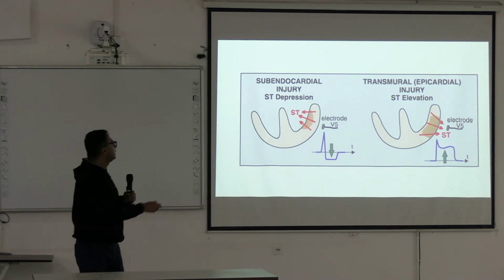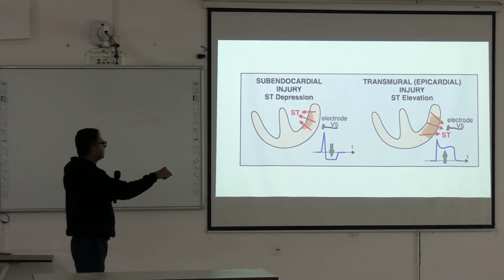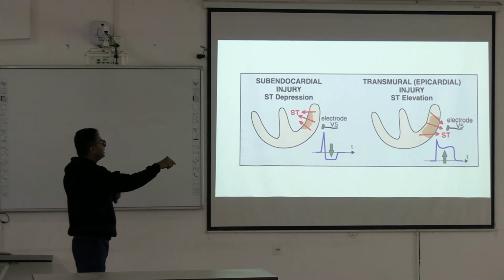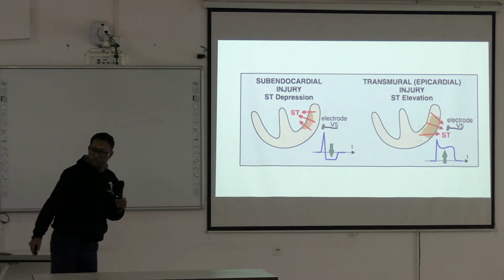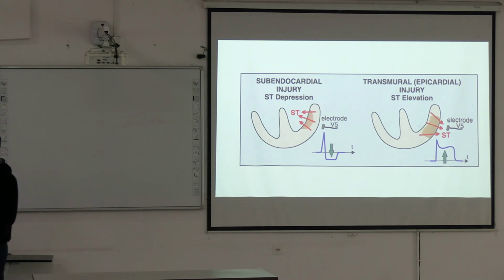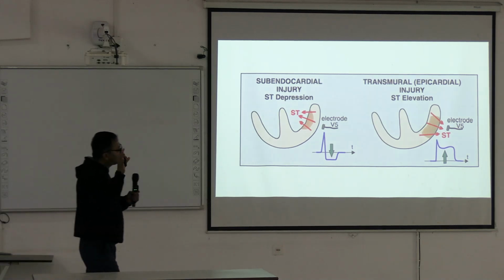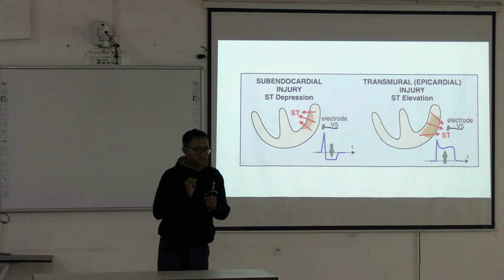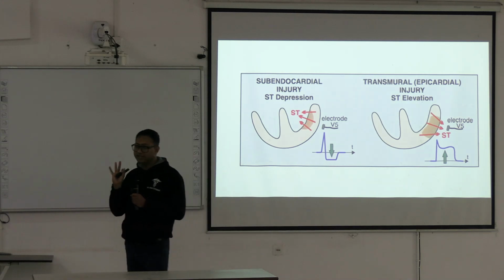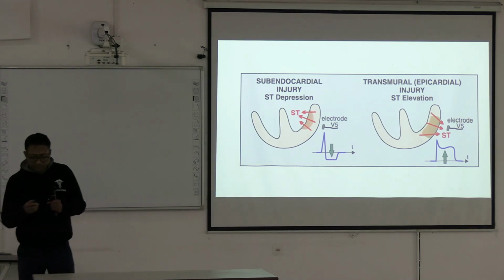Reddish area is not normal, right? So this is the zone which is injured, and here this is the zone which is injured or ischemic. Clear? Now what is happening? So let us concentrate on the ST segment. Which area is the ST segment?